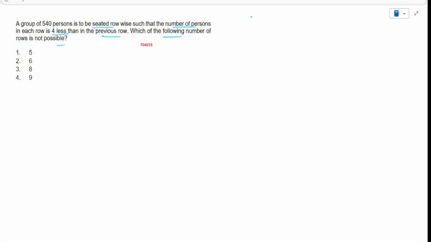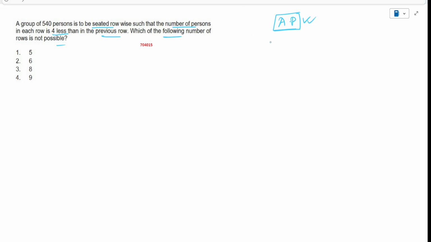One is the proper mathematical way, by arithmetic progression, AP. Otherwise, just the trial and error method. I will not go into the AP method because it is mainly for mathematical students, but other students may have to solve this question.